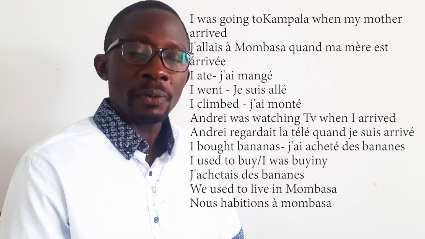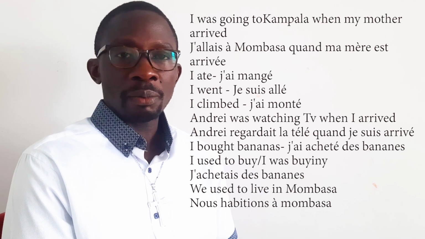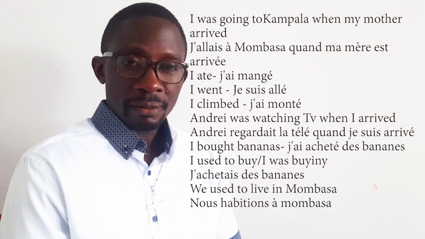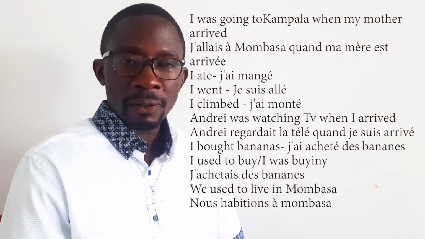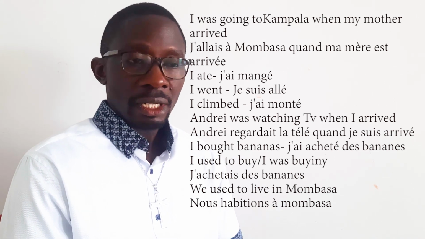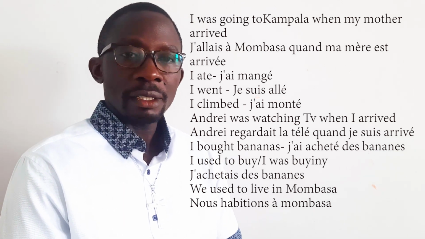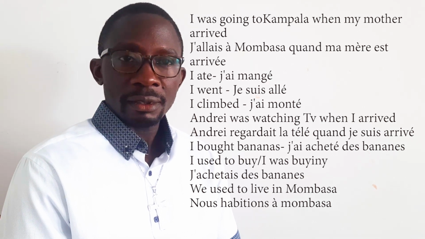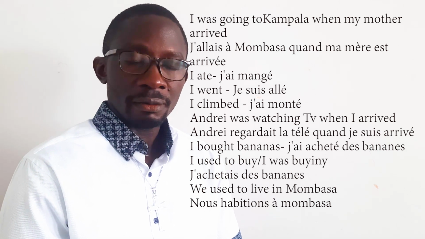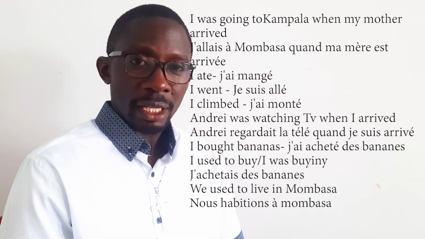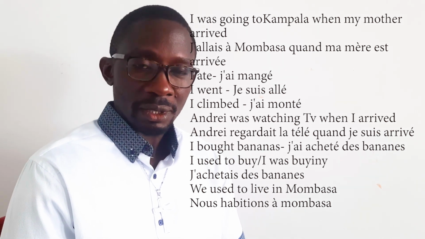But now l'imparfait is when you're talking about things that were happening in the past when another thing happened, or something that was still taking place and was interrupted by another thing. Are we together? A bird was watching TV when I arrived. A bird regardait la télé quand j'arrivais. So this is what we call l'imparfait and passé composé.